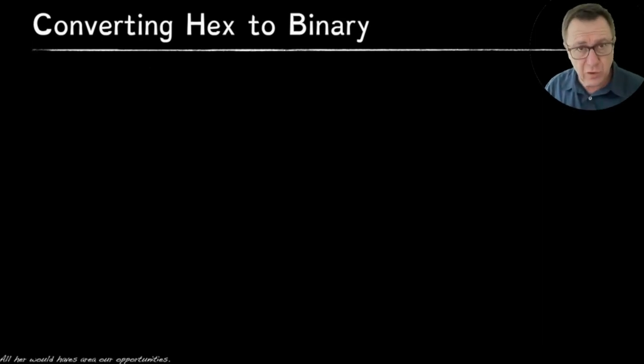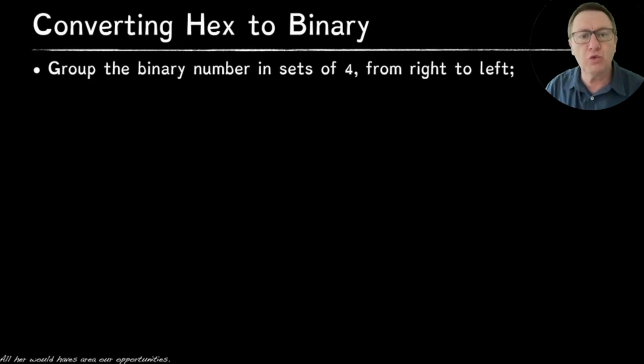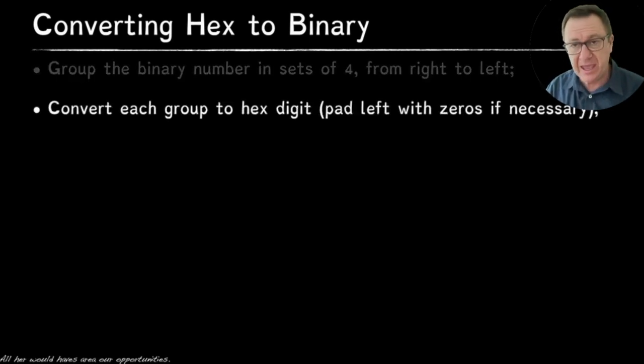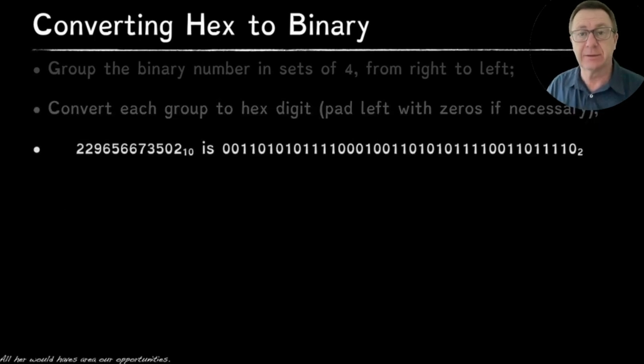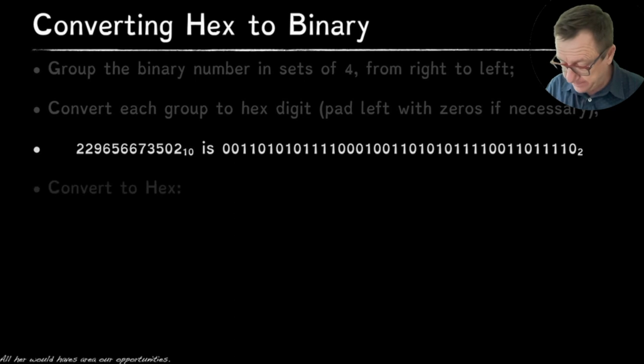Let's now convert hex to binary. Okay, so we're going to group our binary numbers in sets of 4, and we say from right to left, and then we convert each group to the hex digit. This is our number, 22965667350 base 10, and there it is in binary.